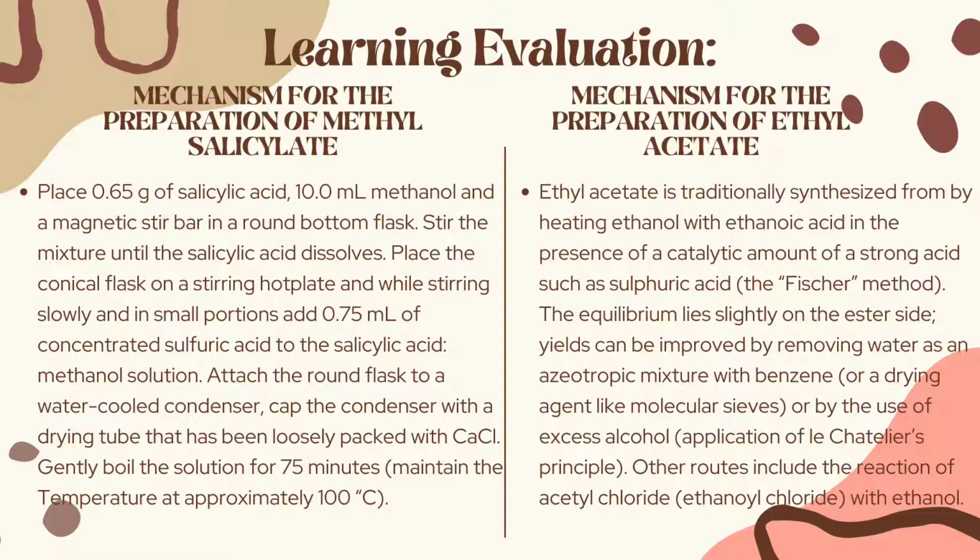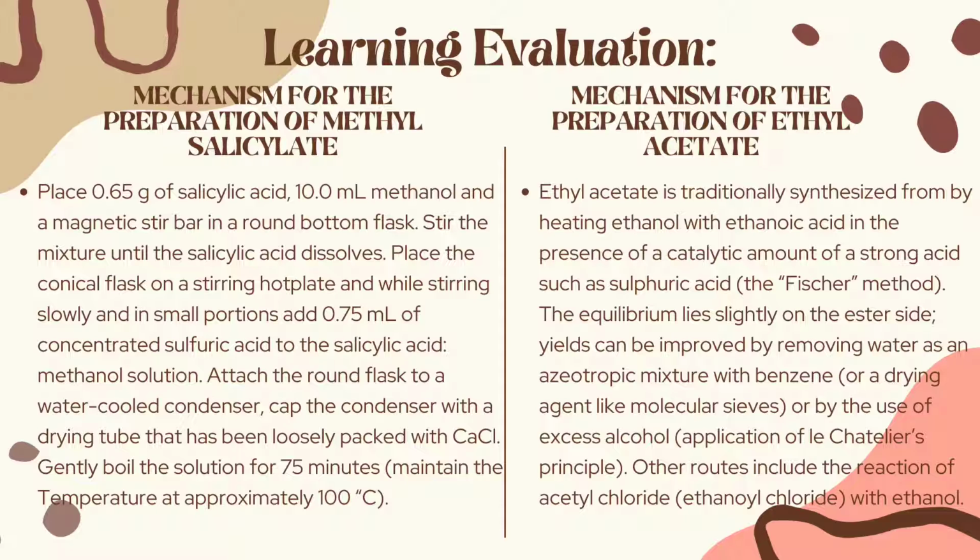Mechanism for the preparation of ethyl acetate. Ethyl acetate is traditionally synthesized by heating ethanol with ethanoic acid in the presence of a catalytic amount of a strong acid such as sulfuric acid, the Fischer method. The equilibrium lies slightly on the ester side.